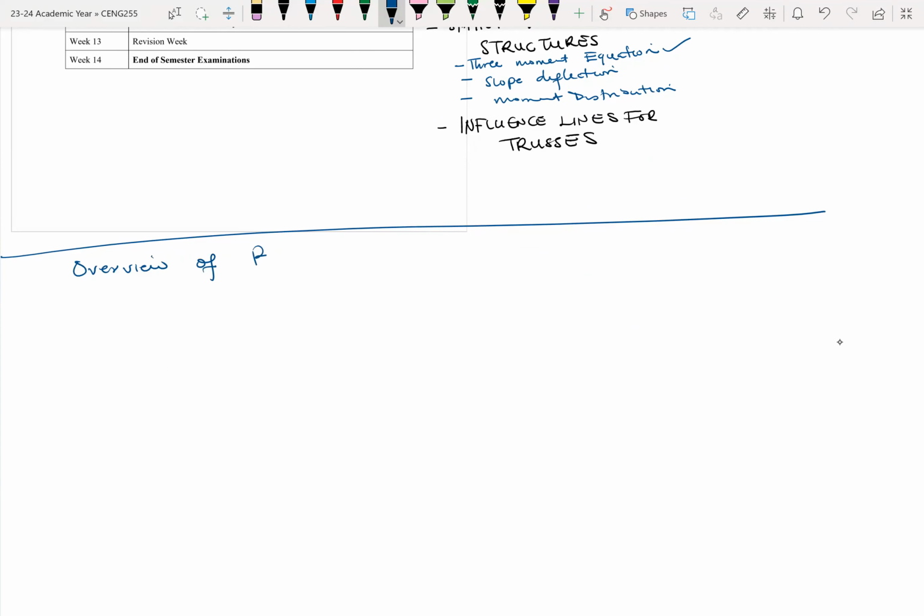Overview of basic structures, as we learned them in first year. I think as part of your course content, you define what a structure is, right? So a basic definition of a structure.